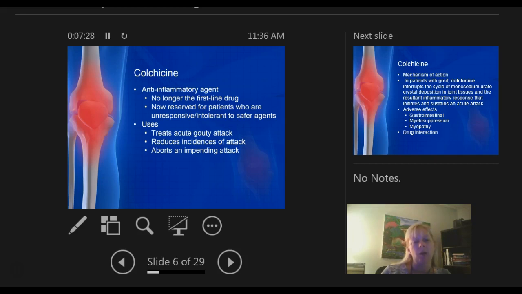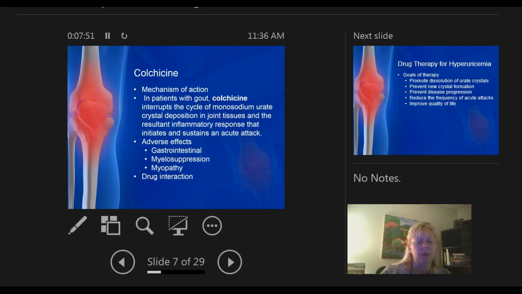You can treat an acute gouty attack, reduce the incidence of an attack, and abort an impending attack. So that's what it's used for. There are some people that can use it for longer term, but when you're thinking about treating, think about colchicine as being a short-term drug just for abortive measures only.